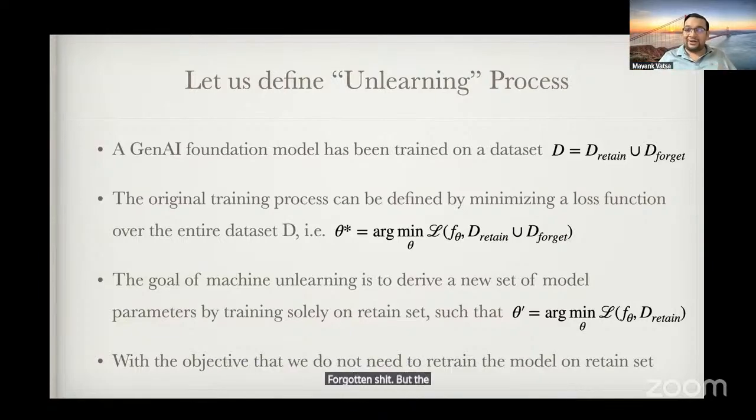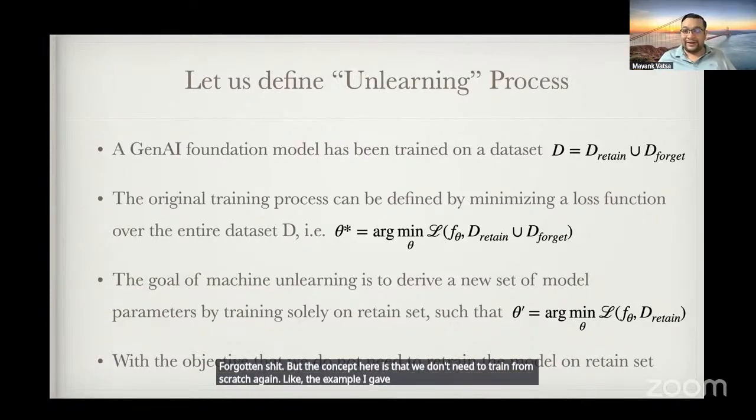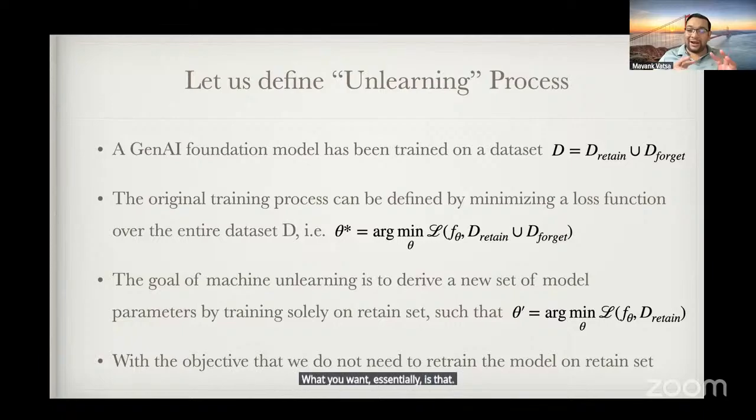But the concept here is that we don't need to train from scratch again, like the example I gave with respect to the small kid. What you want is to figure out this theta dash without retraining the model from scratch on only the retain set. So this is the whole problem statement of machine unlearning.